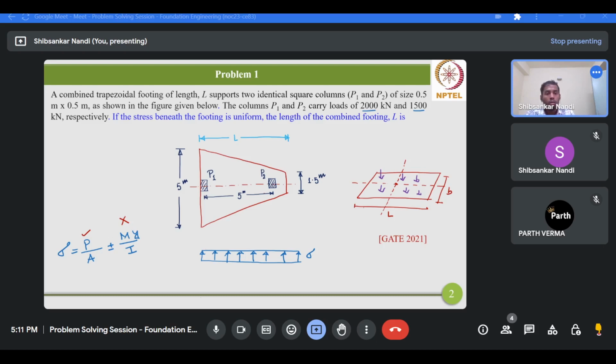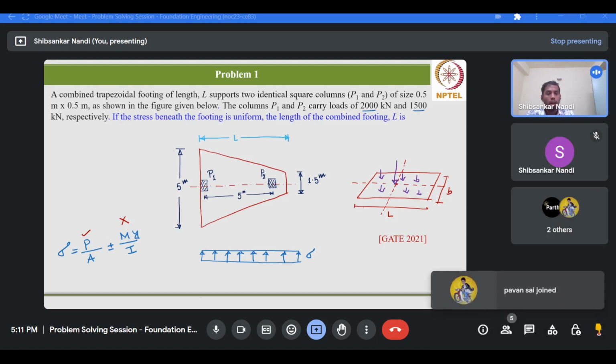Now to ensure the condition of no external moment on this footing, you must ensure that the resultant of these loads passes through the center of this footing, the centroid, the center of gravity of this footing. This is the condition to get no externally applied moment due to the external loads supported by this footing.